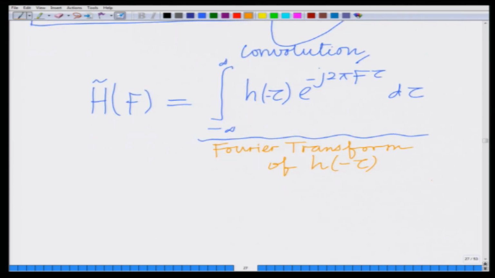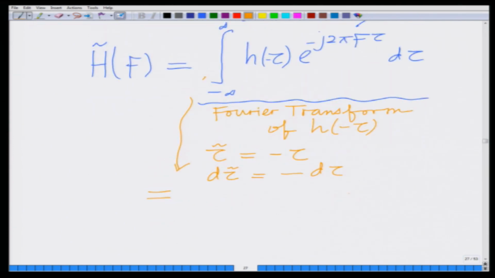Now, I substitute tau tilde equals minus tau, so d tau tilde equals minus d tau. Therefore, this integral becomes the integral from minus infinity to infinity of h of tau tilde, e raised to j 2 pi f tau tilde, d tau tilde, with a negative sign, and the limits become infinity to minus infinity.